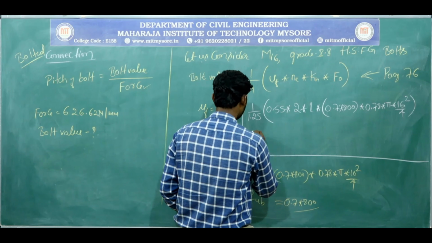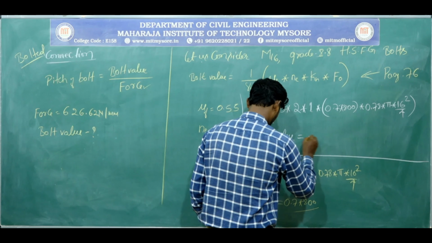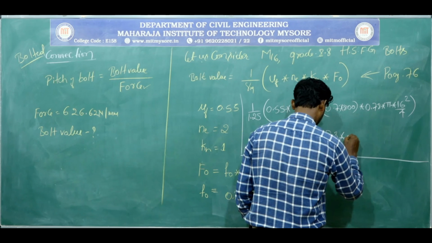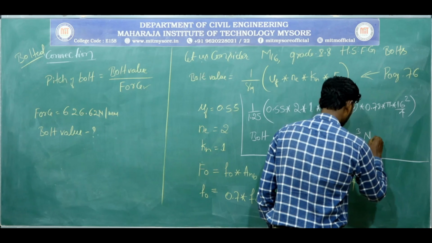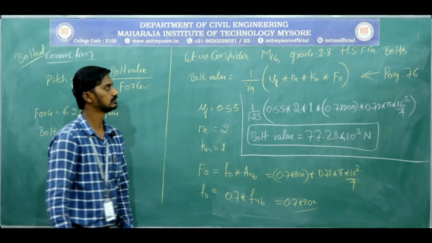If you solve, the bolt value will be 77.28 into 10 power 3 newtons.